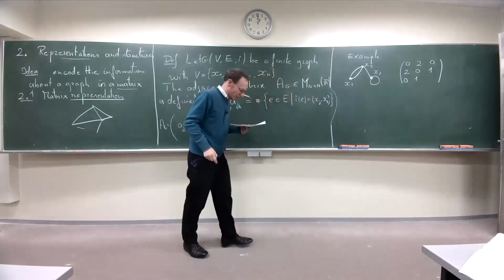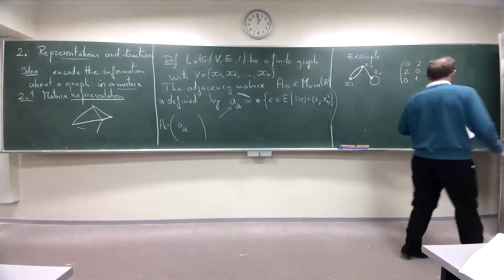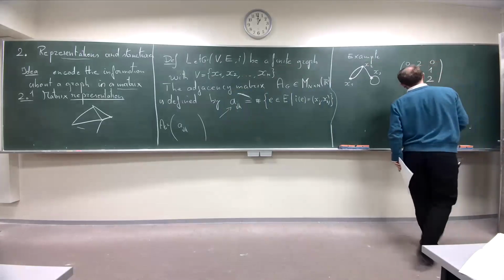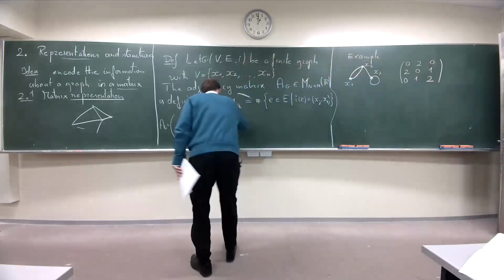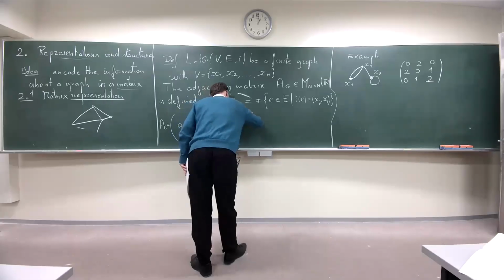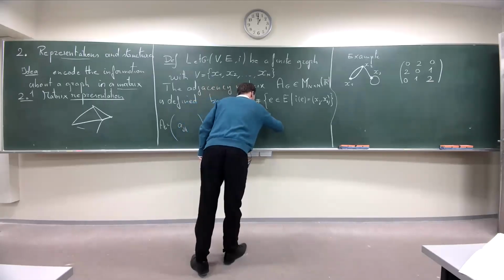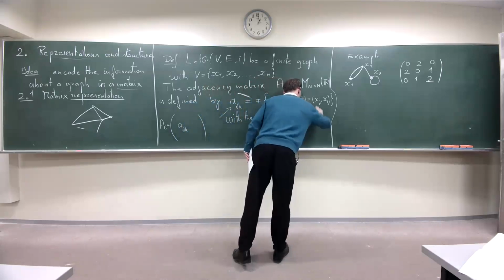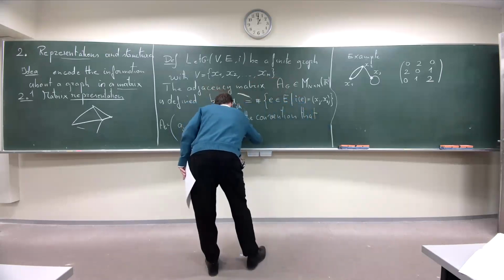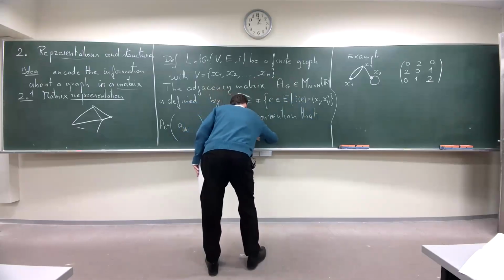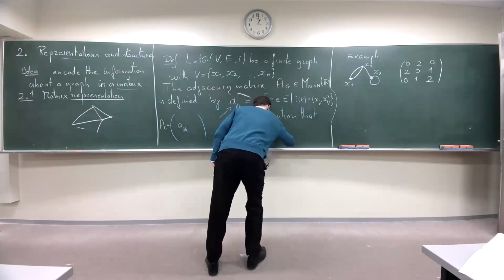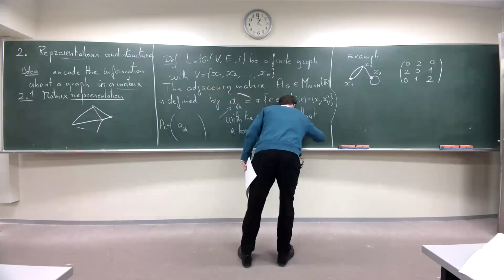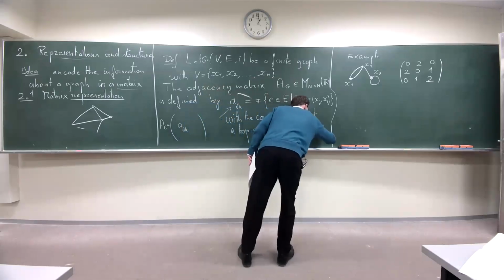Now there is a convention which I should write. In fact, it is 2, because here, with the convention that a loop gives 2 contributions. But this is what you decide.